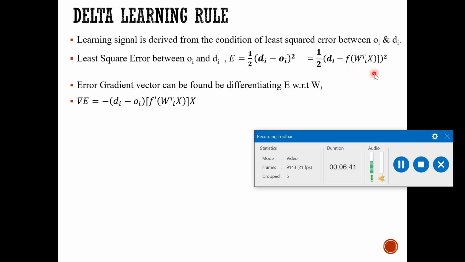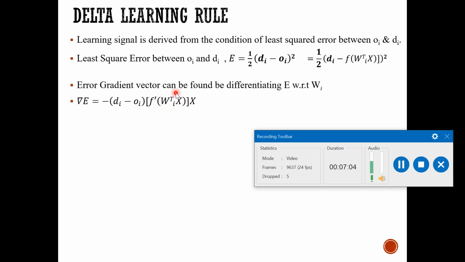And what is the derivative of the other term? The derivative of this function will be nothing but f dash of wi transpose x. And because this minus sign is there, the minus sign comes out here. Is that clear? It is still not done. You still have to find the derivative of this inside function.